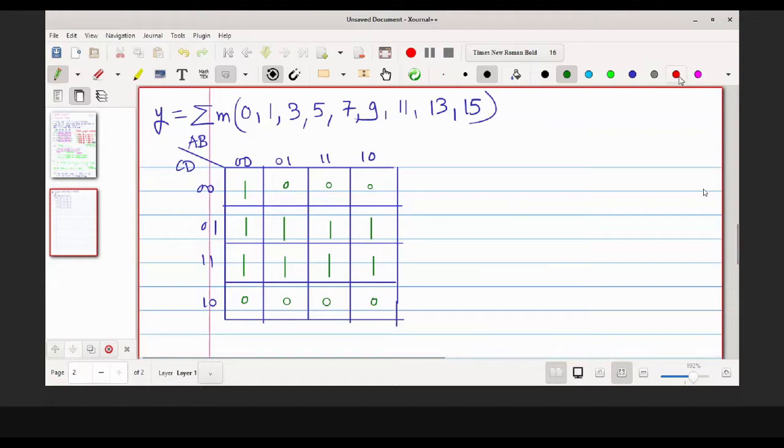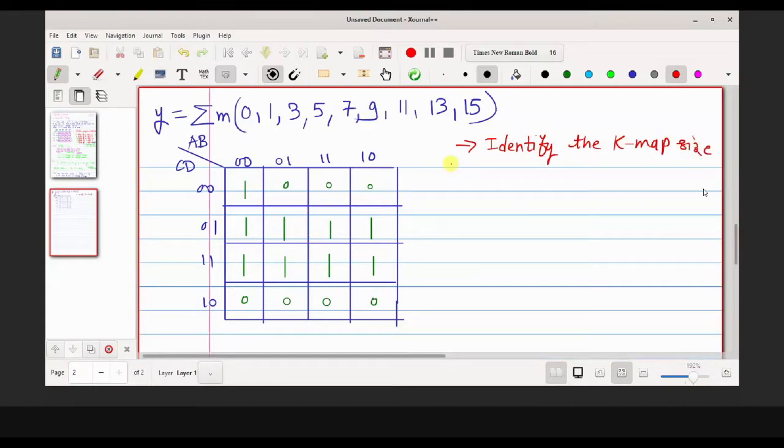Now let us start forming the groups. Our first task is identifying the K-map size, that is, how many variables. Second, enter the data, or basically the min terms. Third, start forming the groups.